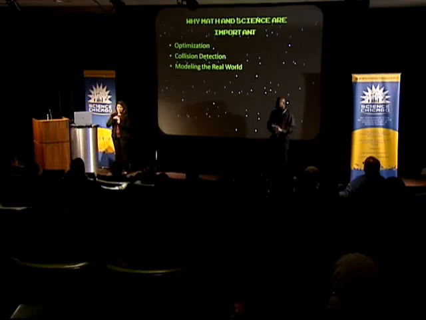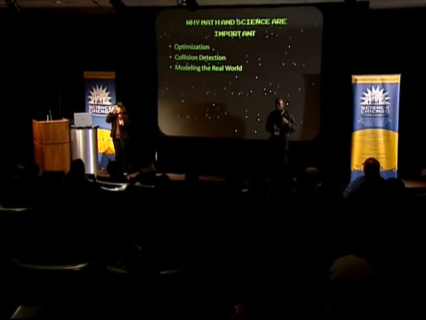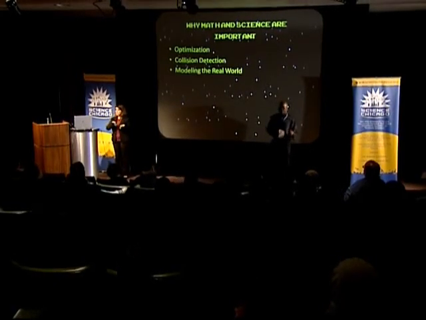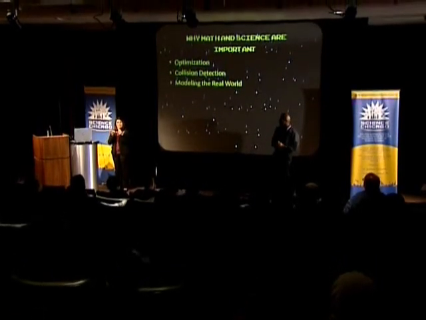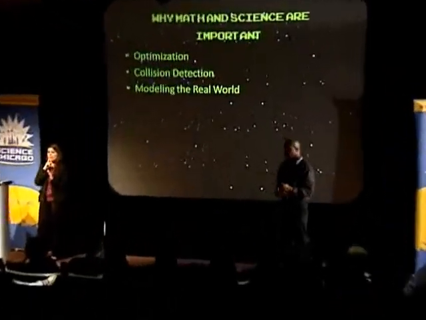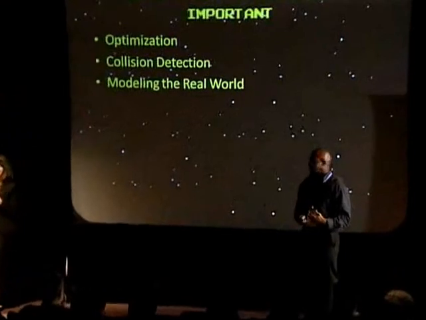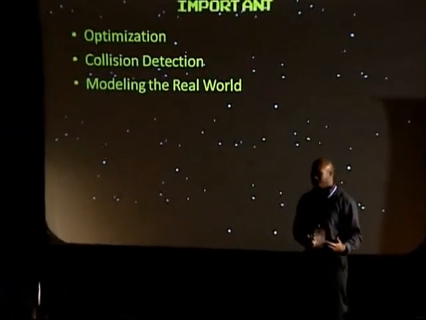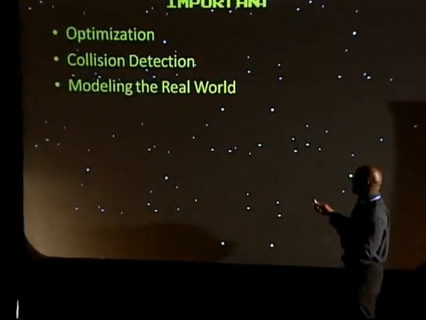It's a good amount of physics. It's a good amount of logical thinking, which is the cornerstone of being a scientist and being an engineer. So I thought of three examples that will hammer home things that are prevalent in game development that require a math and science background. Let's start with optimization.